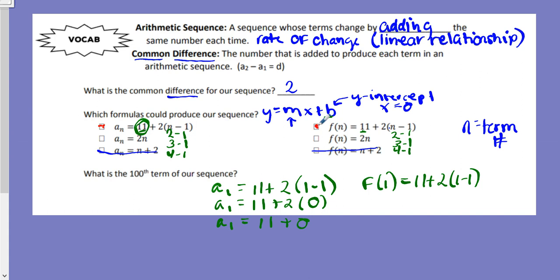So how could this be used to find the 100th term of my sequence? Well, I start with 11, and I know I'm going to add 2. I need to add 2 99 times, so I need to add it 100 minus 1 times. 100 minus 1 is 99.